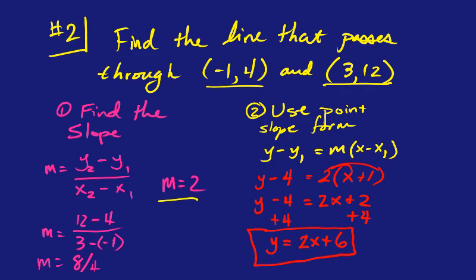Alright, last one that I'll throw at you would be just looking at a graph. It would be the very same situation. You would have yourself 2 points that you could use to find the slope, and then you can use them to find the equation of the line using point slope form.